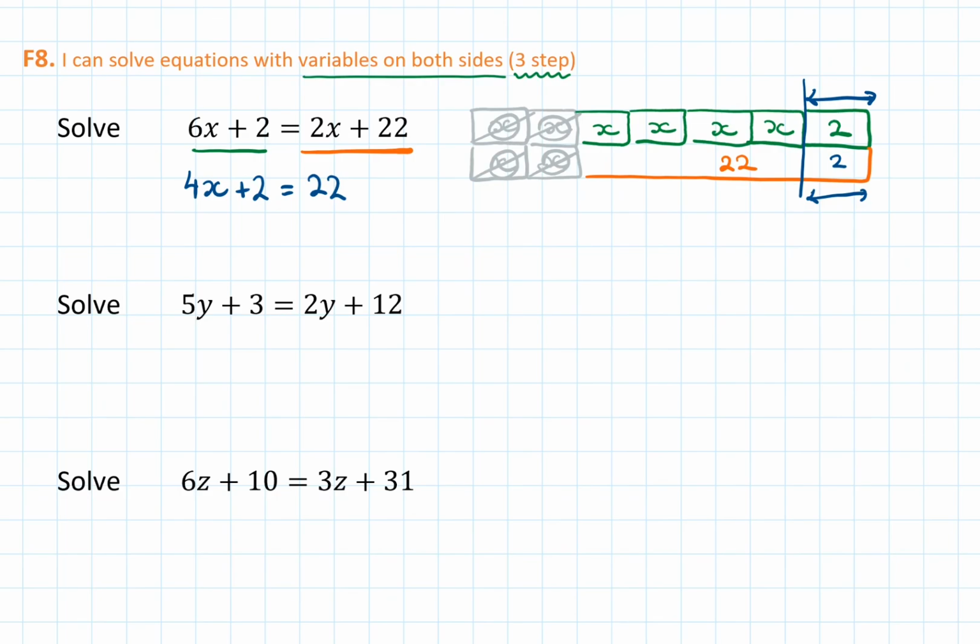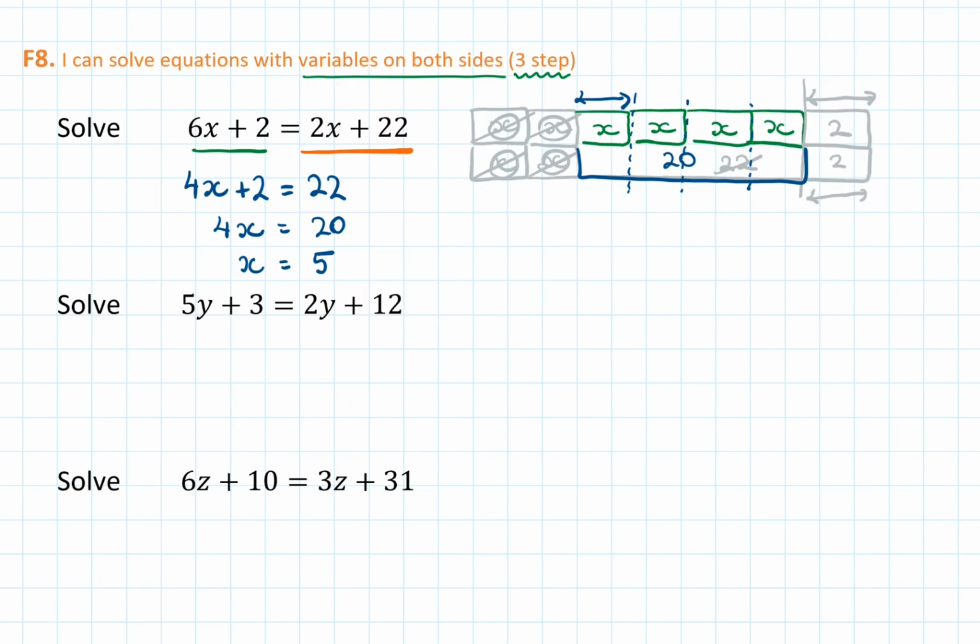And if we write that 2 here, then 22 will just become 20. Therefore, we can write that 4x equals 20. From here, we can very simply find the value of x, because we can just see that 4x's go into 20, which means that 1x will be 20 divided by 4, which is 5.